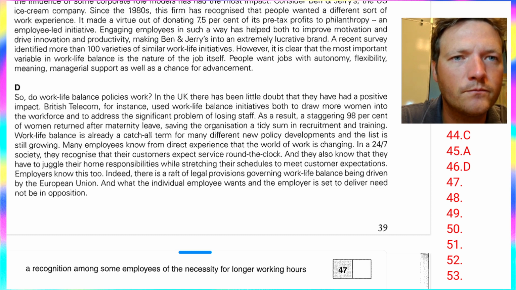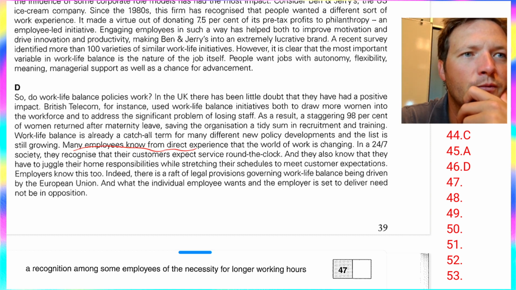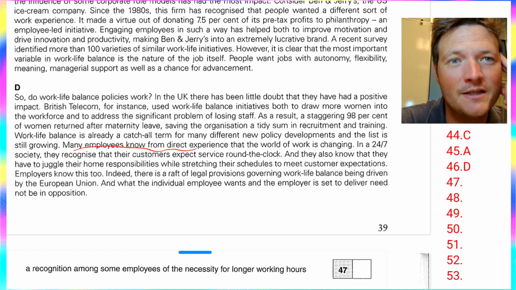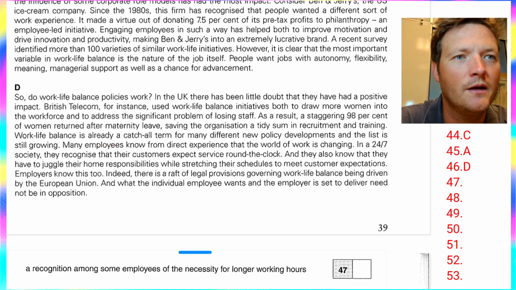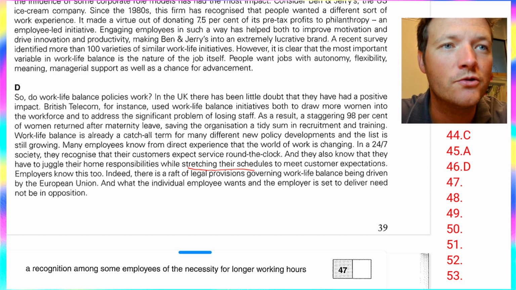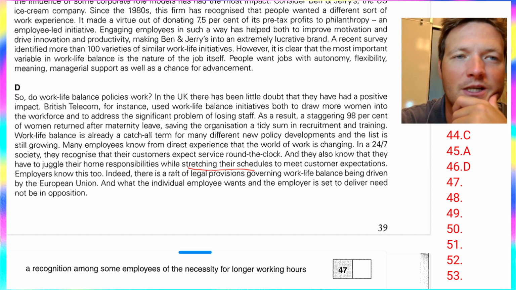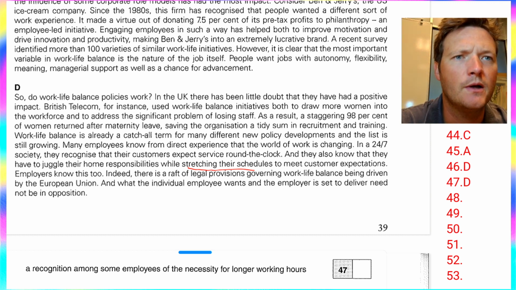It says, many employees know, right? What do they know? Many employees know from experience that the world of work is changing. In a 24/7 society, they recognize that their customers expect service around the clock, and that they also have to juggle their home responsibilities while stretching their schedules, right? Stretching their schedules to meet customer expectations. Yeah, there's no doubt about it. 47 is definitely D, I would say.